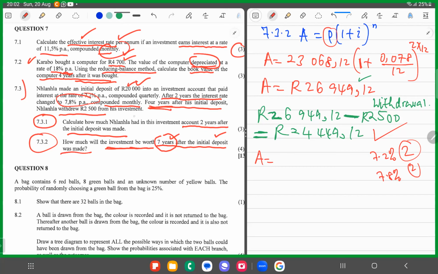And then now we're dealing with a total of 7 years, which means for 3 years, the interest rate became what? Obviously it became 7.8% still, because for 4 years after the initial deposit, Nhlanhla withdrew these, but after 2 years, the interest rate changed to 7.8% monthly.